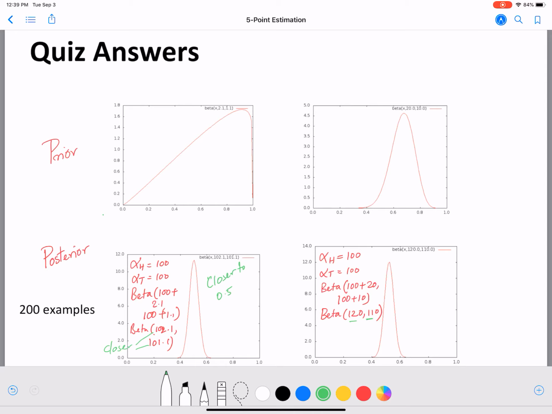the effect of the prior is sort of overruled by the effect of the data points, because now we have 120 to 110, and 100 of that is coming from the data points. So this is definitely driven more by data now.